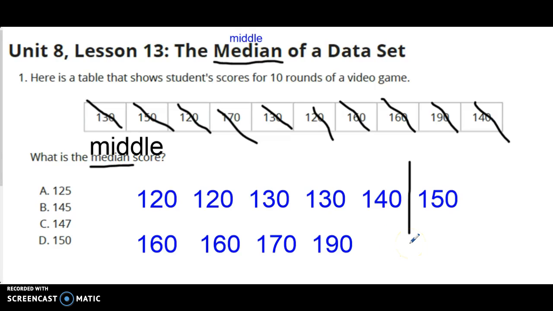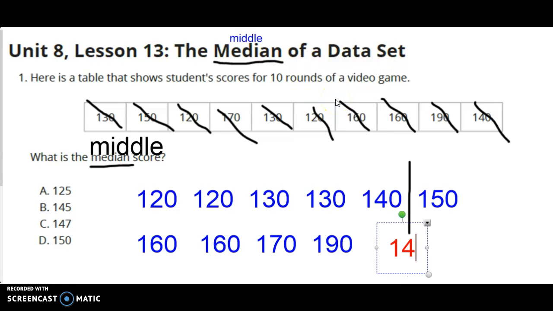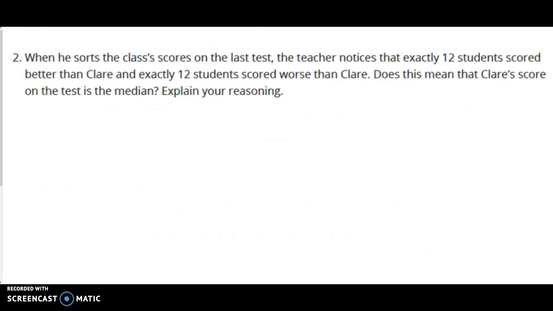So what I need to do is take 140 and 150 and figure out what number is in between 140 and 150. And in between 140 and 150, I have 145. So go ahead and add 145 to your list. Over here, we're looking for 145. There it is.